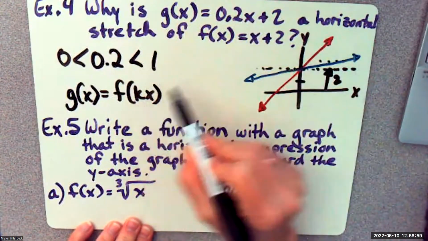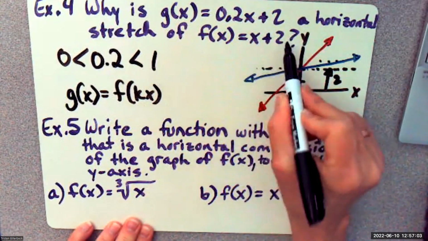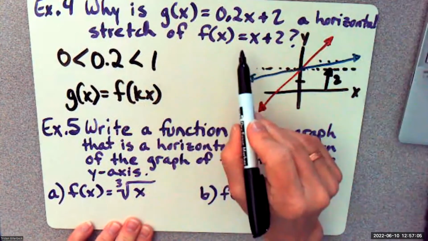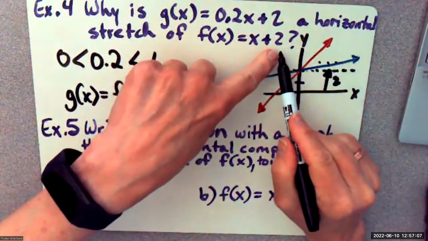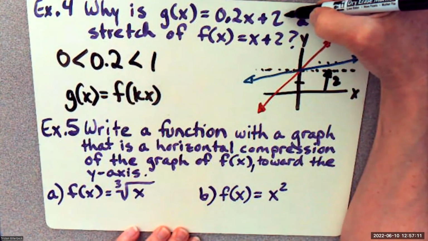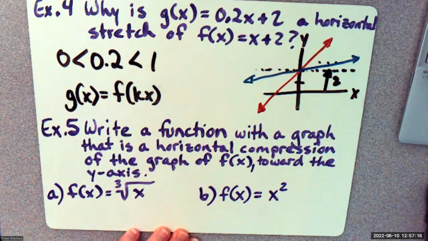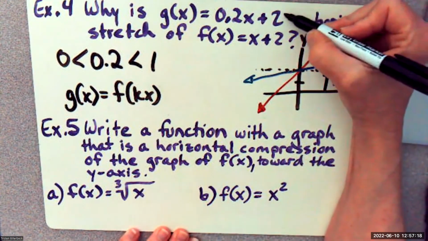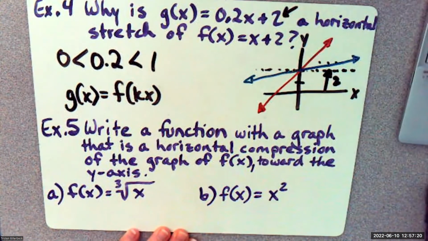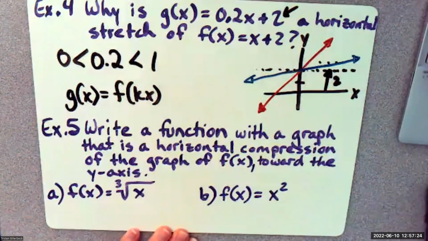To be a true horizontal reference, this one would also need to be multiplied by 0.2. So in this case it could be either or, because this should have been a slightly different number if we're going to multiply all of this function by that.